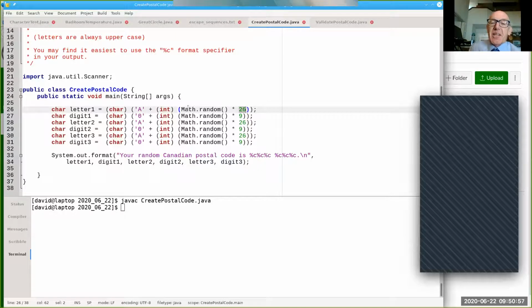So I'm just taking a random number between 0 and 25 and adding that to A. If it's 0, A plus 0 is A. If it's 1, A plus 1 is B. A plus 25, 25 letters past A, is the letter Z. Or because this is Canadian, the letter Zed. Similarly, I have the digit 0, and this would give me 8.9999. 8 digits past 0 is the digit 9.